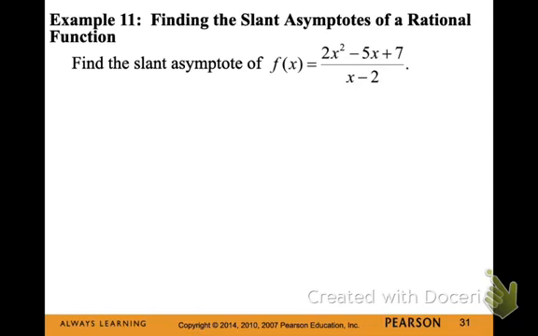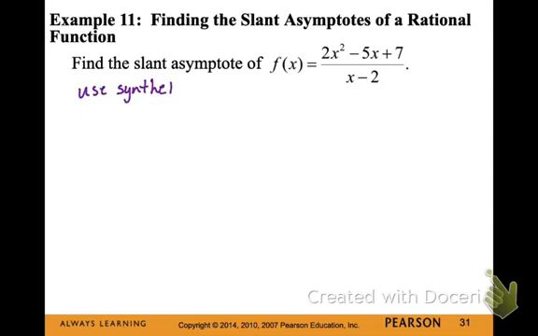So let's take a look at this rational function. You can see that the degree of the numerator is 2, the degree of the denominator is 1, so the numerator degree is 1 more than the denominator. Now to find this slant asymptote, we're going to divide this function using synthetic division.